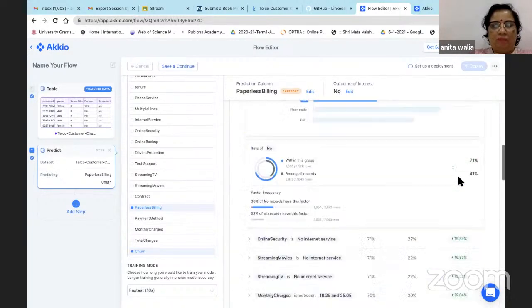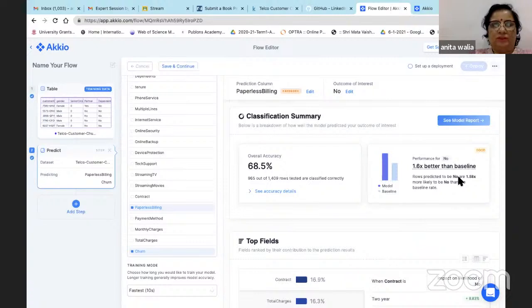So that's how you have to first identify what are the factors you want to take. So this will be helpful if you have a particular knowledge or a particular kind of thing. So I can see a model report over here. I can download that and I can see this.